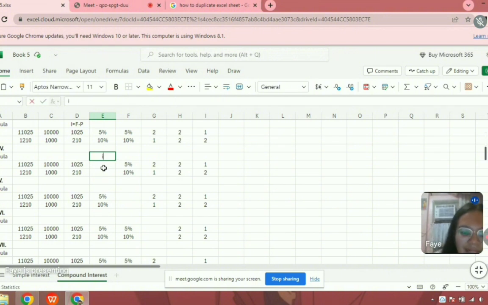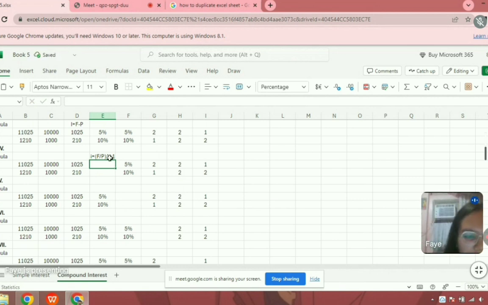If I try this formula, i is equal to quantity F over P raised to j minus 1. We'll try this one first.